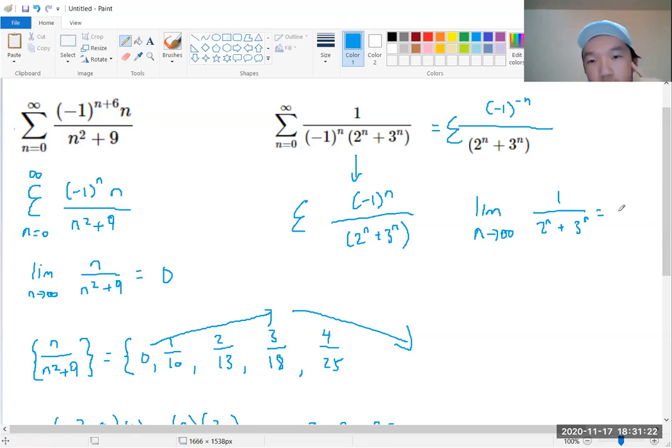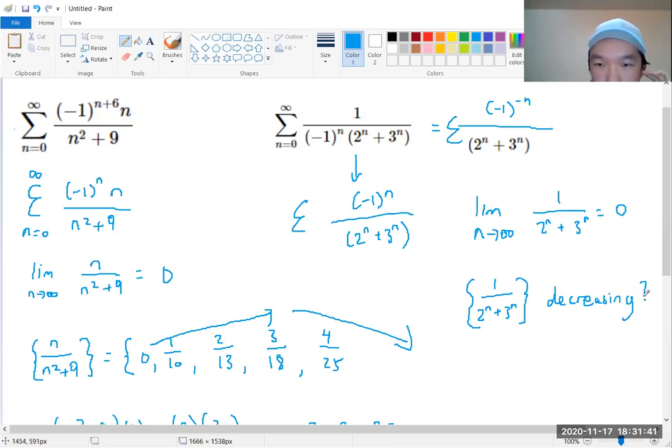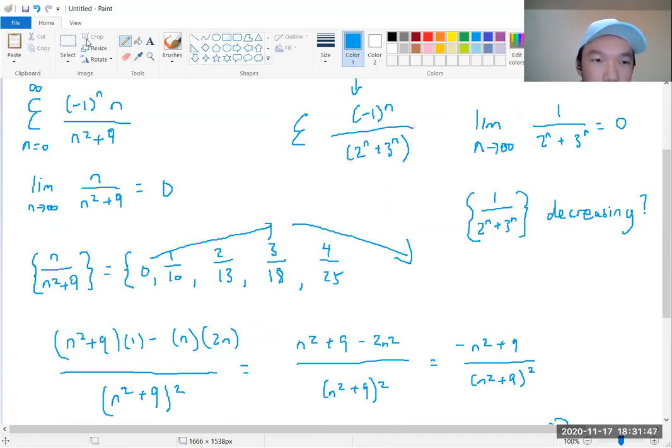Yeah, because the denominator goes to infinity. Okay, and then is this decreasing? So the sequence right here, 2 to the n plus 3 to the n, is it decreasing? I think it should be decreasing, right?